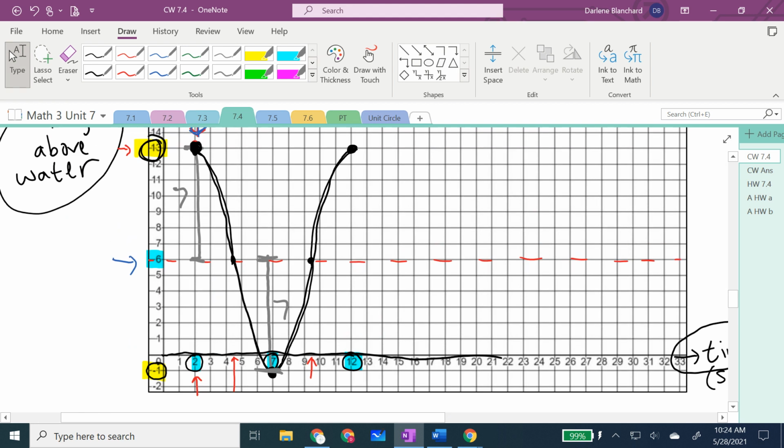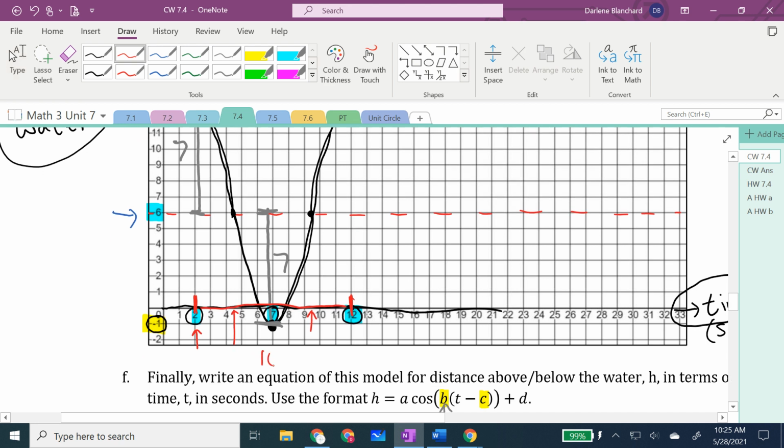So I need to figure out what is the cycle length, meaning if I go from the time that I begin a cycle to the time that I finish a cycle, how much time takes place? And the amount of time that takes place is 10 seconds.